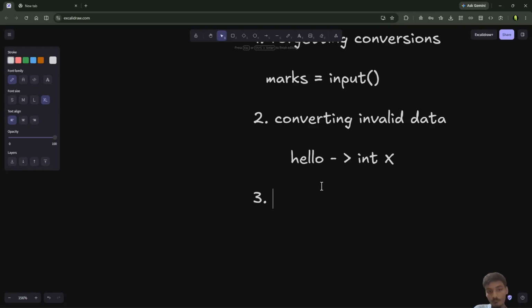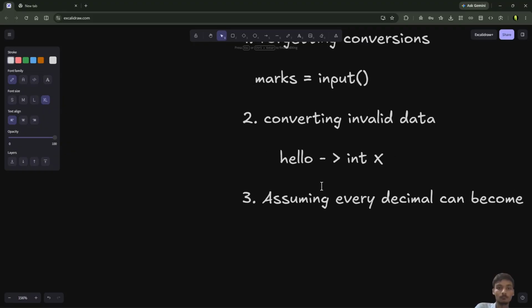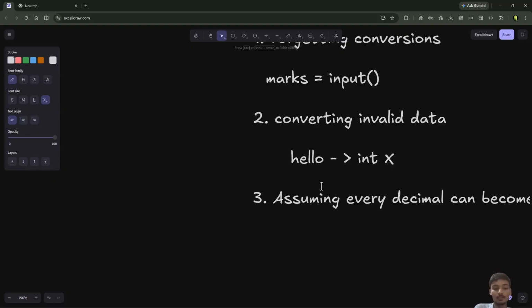Third, assuming every decimal can become an integer without change. If you write num is equal to int and you write here 5.9, you are converting 5.9 into an integer value.